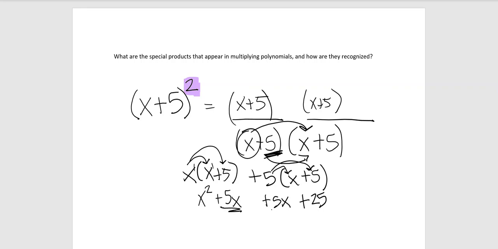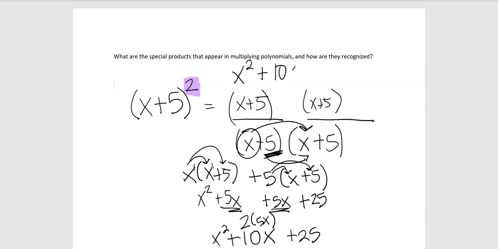The only like terms we have here are the two middle terms, two groups of 5x, which combine to give me 10x. Just like the 5 squared gave me the plus 25, and x times x gave me the x squared. So when we multiply x plus 5 squared, we get x squared plus 10x plus 25.